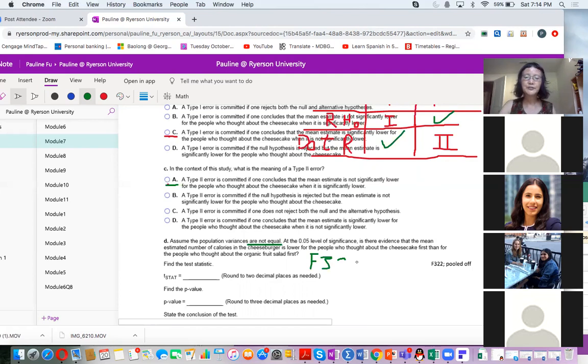F2 again, 2 sample. So the starting point is F3 test, F2 T test, F2 again, which represents 2 sample, 2S.